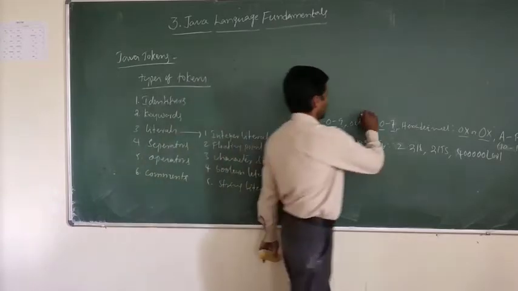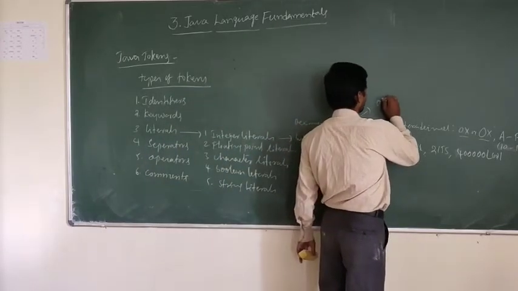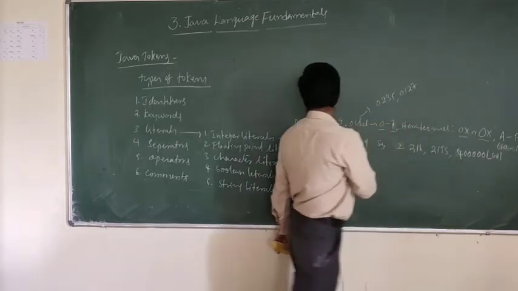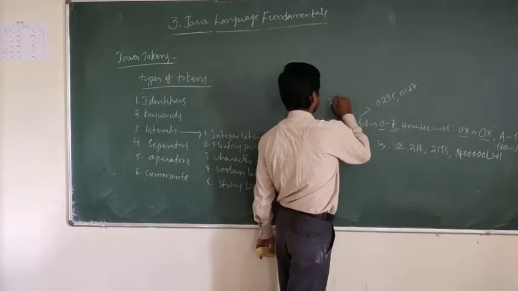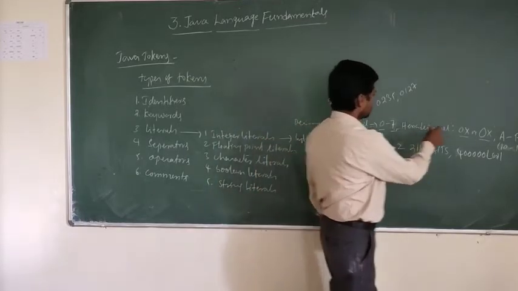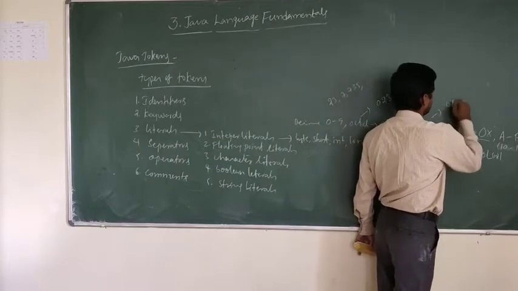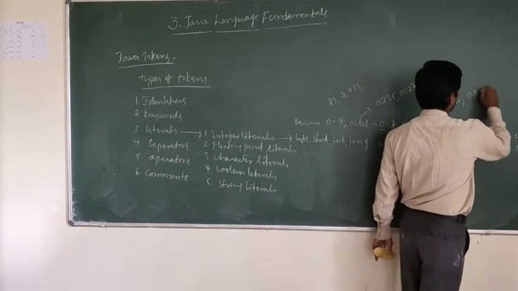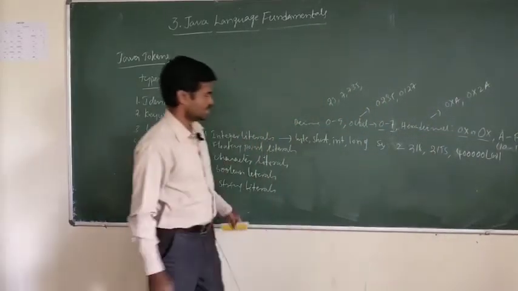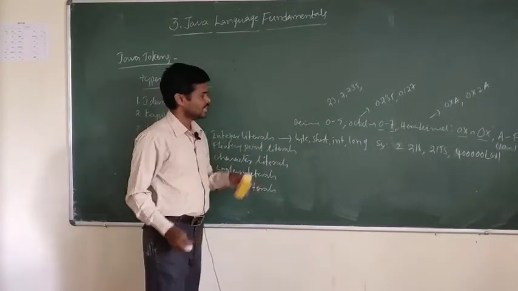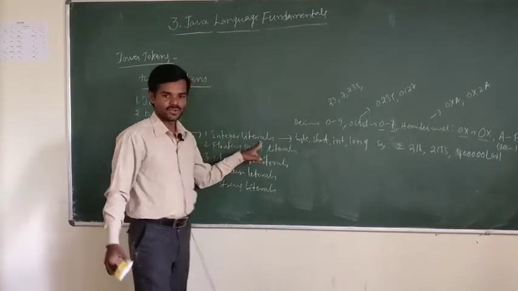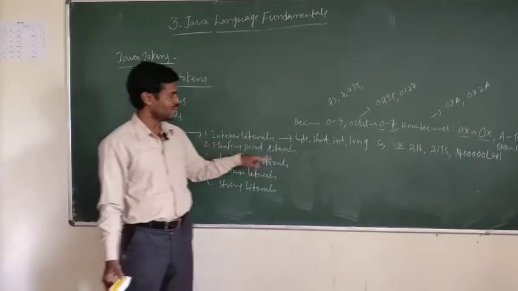For example, octal you can give 0235 or 0127 like that, and decimal numbers are like 23 or 7735, and hexadecimal you can give 0xA like that. So all these are called what? Integer literals. Integer literals are whole values which are defined with the different formats.